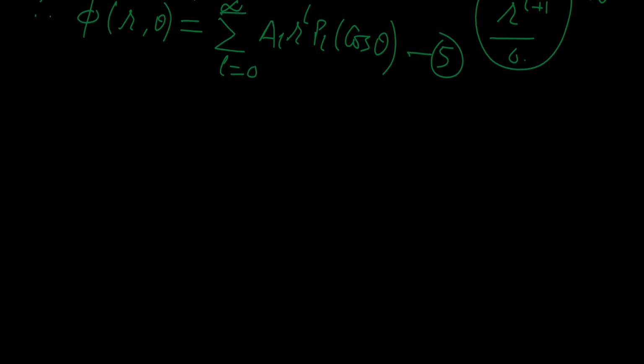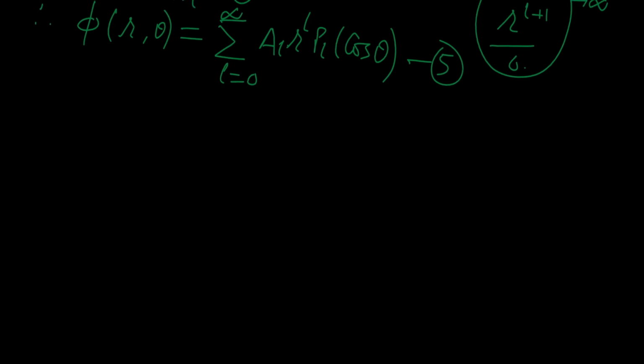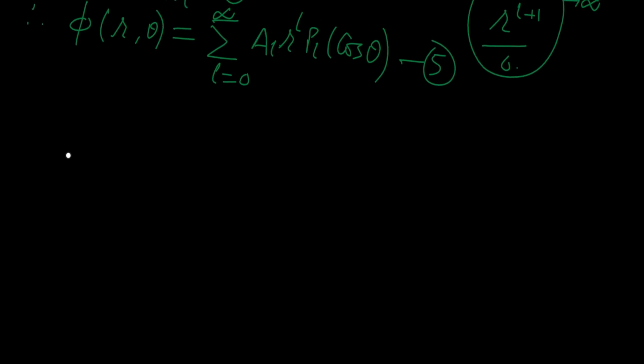So for r less than a, phi at r, 0, as I have cleared above, what will be the potential at this point?